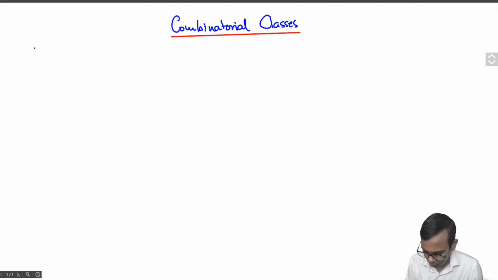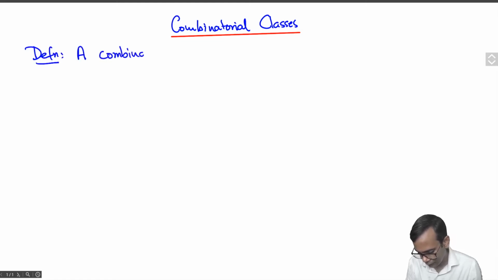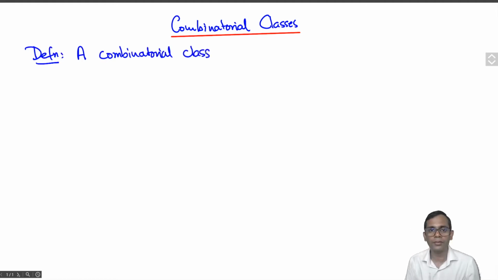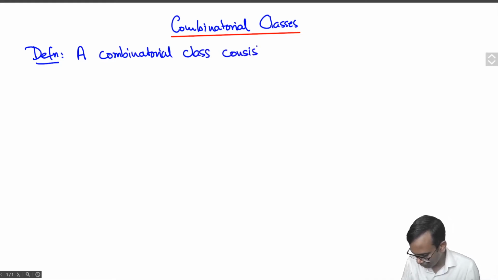So what is a combinatorial class? A combinatorial class consists of two things. The first is a finite or countably infinite set.